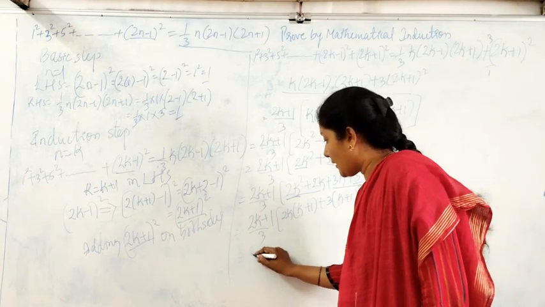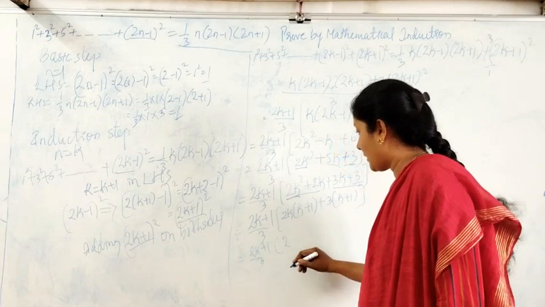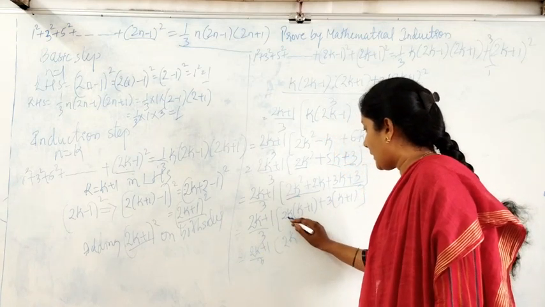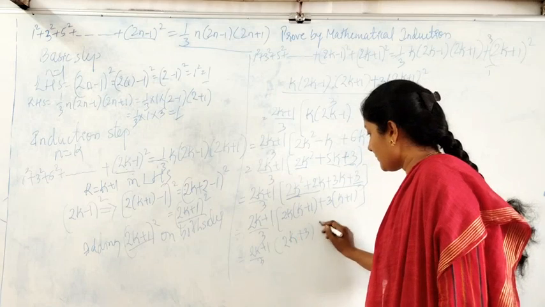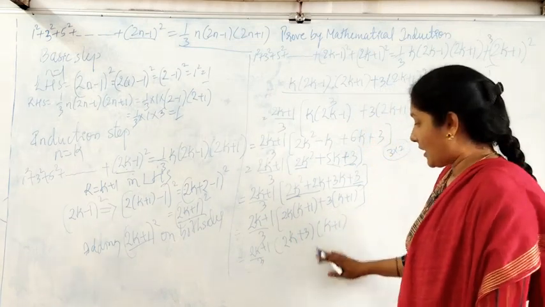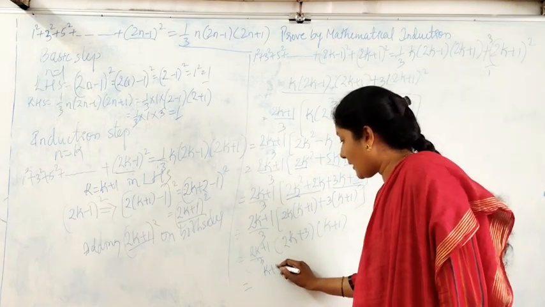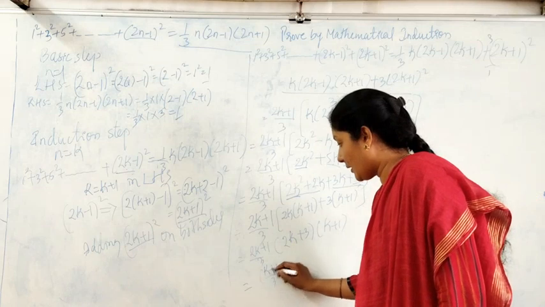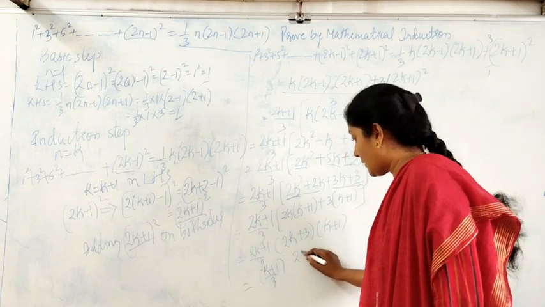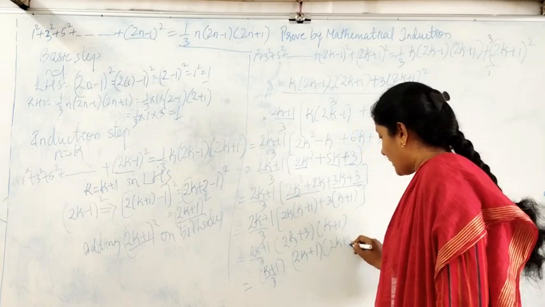Now, (2k plus 1) divided by 3, and here we have (2k plus 3) and (k plus 1). Now, I will write this as, see here, (k plus 1) divided by 3, okay. Next, (2k plus 1). Next, (2k plus 3).